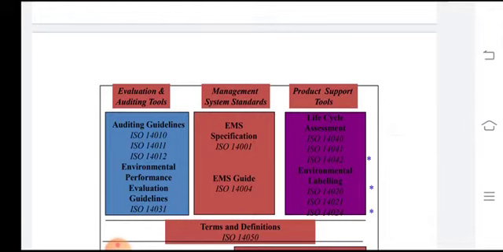If you see the nomenclature, it represents different aspects of our evaluation. For example, it covers the evaluation and auditing tools, the management system standards, and the product support tools. So we have standards for all these three formats.